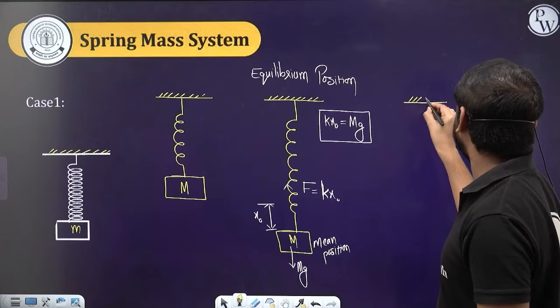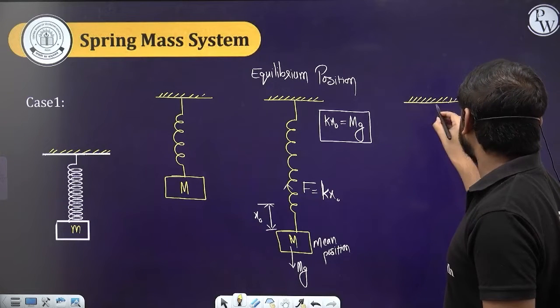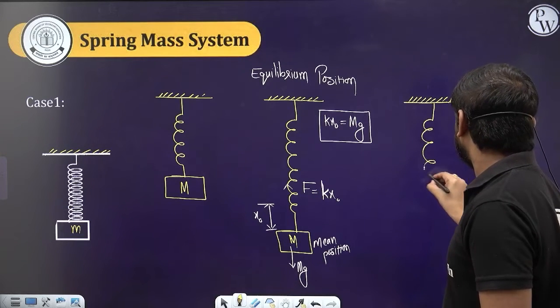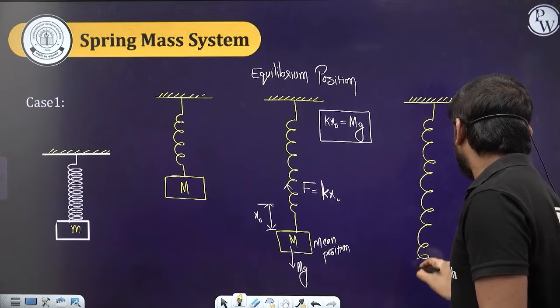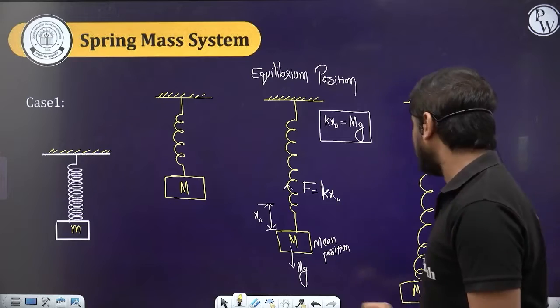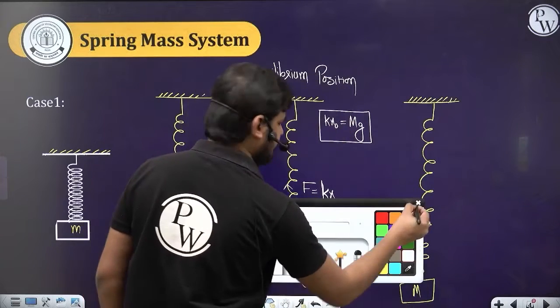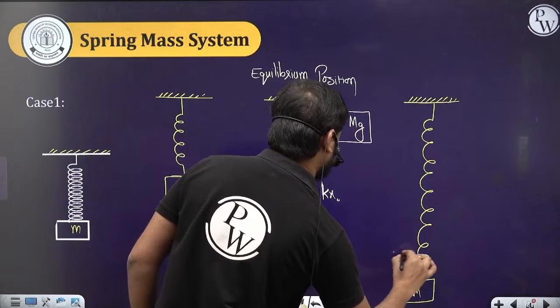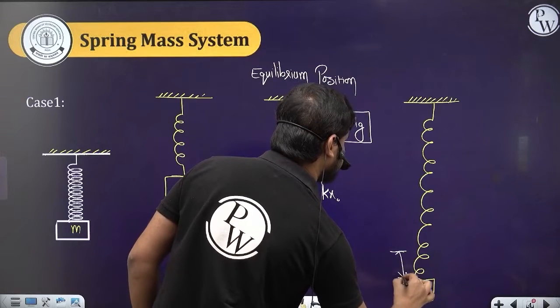So let's say the block is here now. You displaced it by some x.